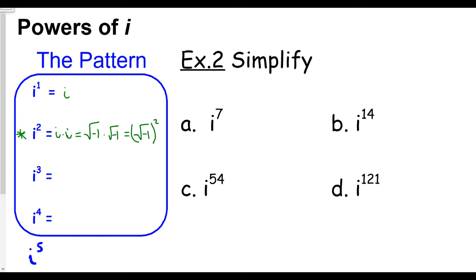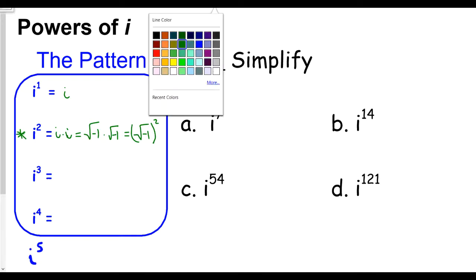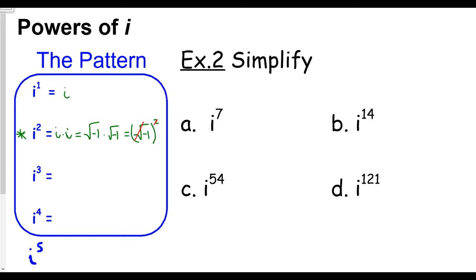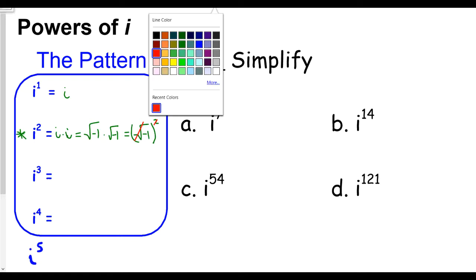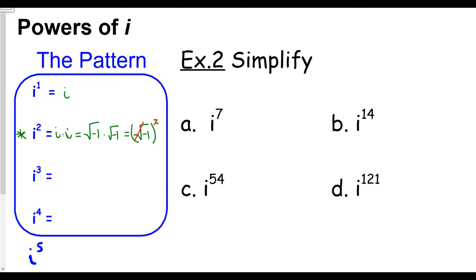And then we have this square root and this exponent of 2. Those are inverse operations of each other. And what does an inverse operation do? Well, it eliminates. So now we no longer have a radical. So i squared equals negative 1.